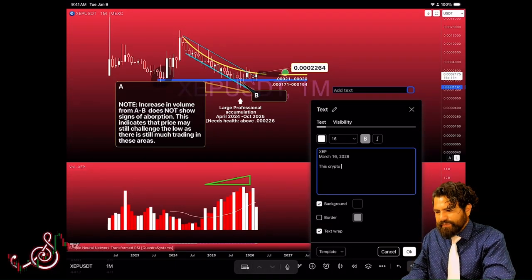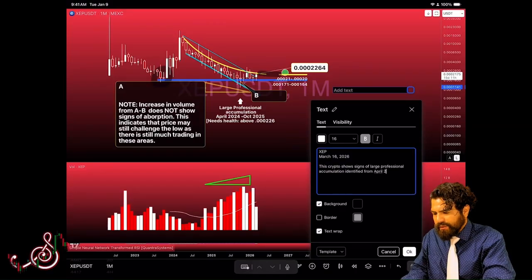This crypto shows signs of large professional accumulation identified from April 2024 to October 2025 on the monthly chart. We need a breakout.